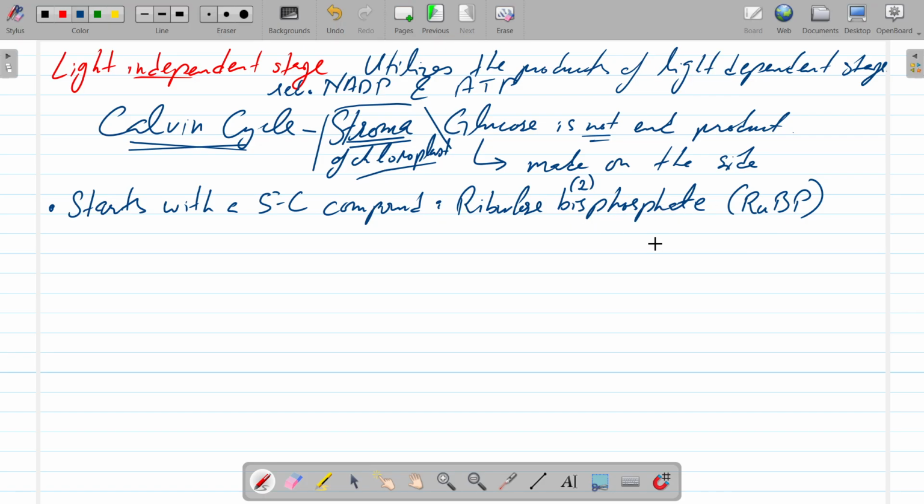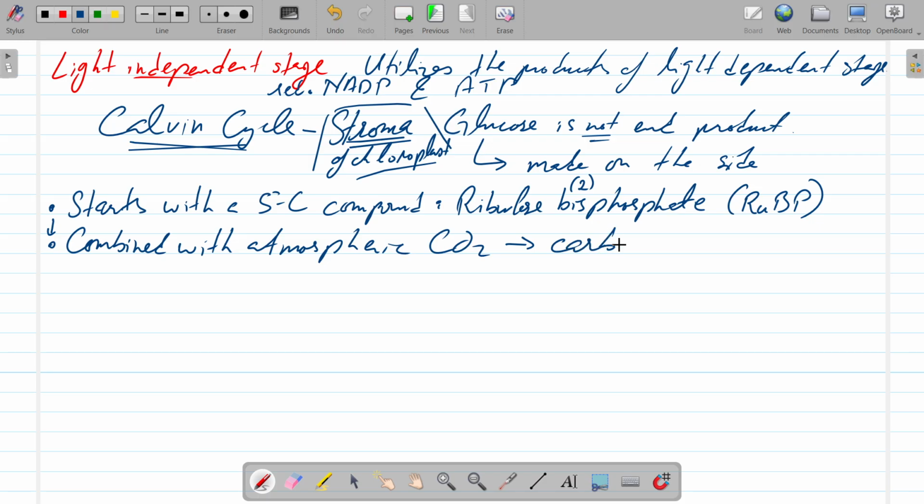So the ribulose bisphosphate is there in the chloroplast, and it is combined with atmospheric carbon dioxide. This is a process called carbon fixation. So the carbon dioxide is fixed. Now that it was a gas, it's fixed into the molecule.